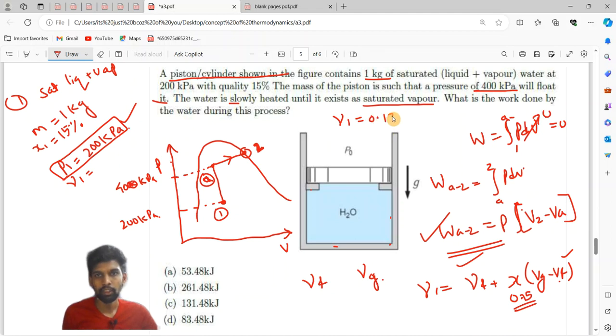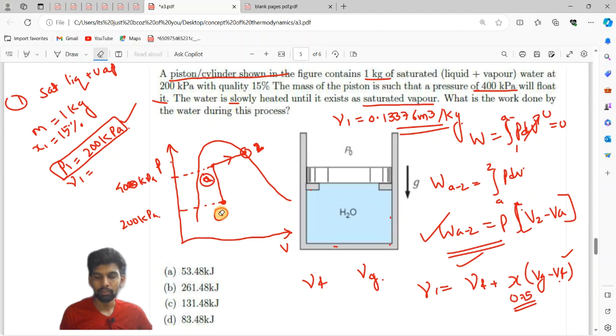So once you read it from the steam table, 0.13376, be mindful about the units. It is meter cube per kg because it is specific volume, and we are concerned only with the work done from state A to 2.